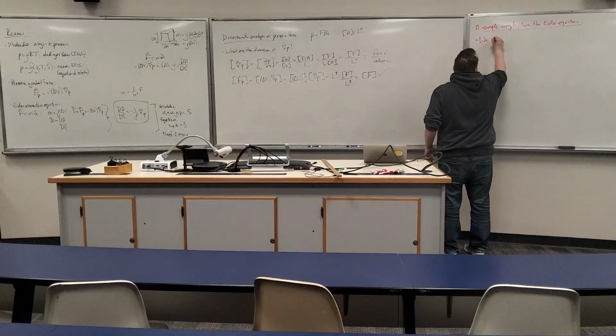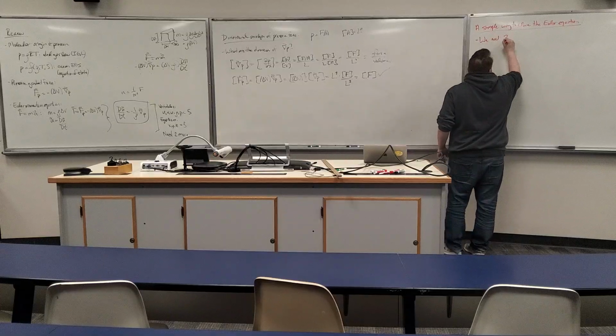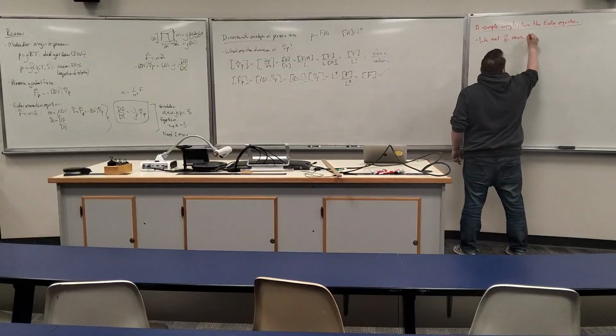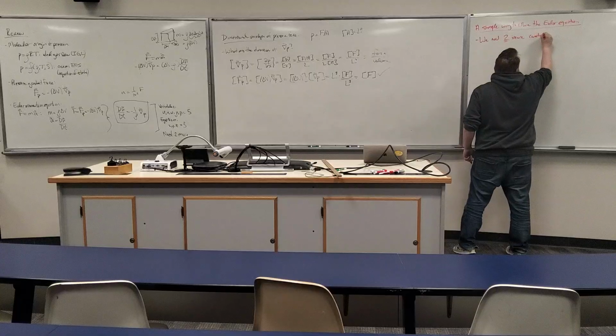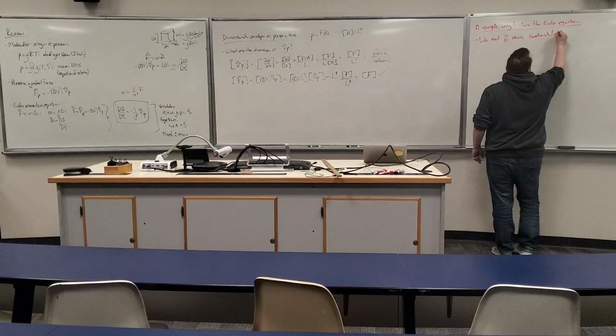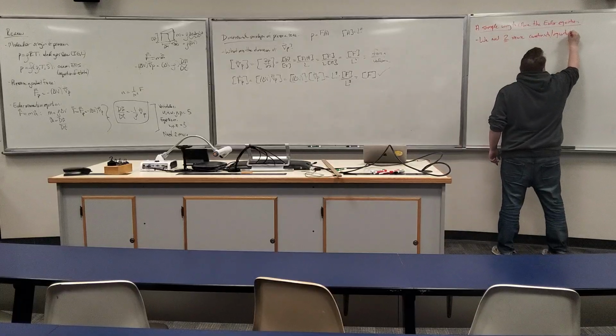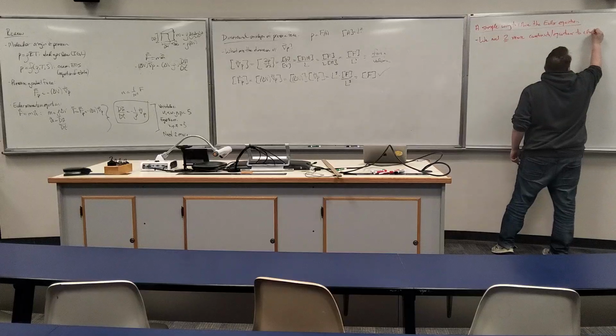So we need two more constraints or equations to close the system.